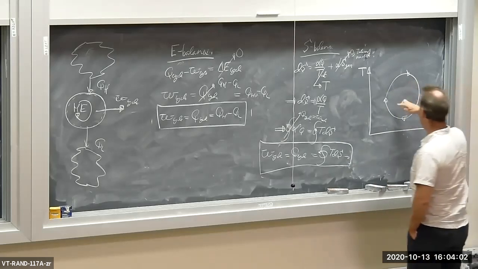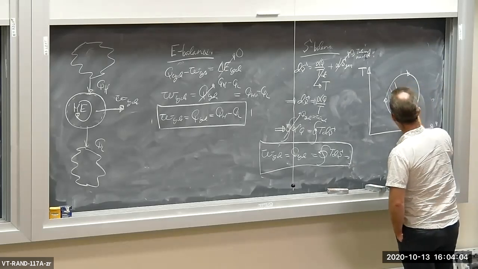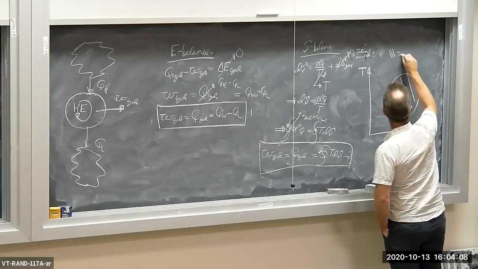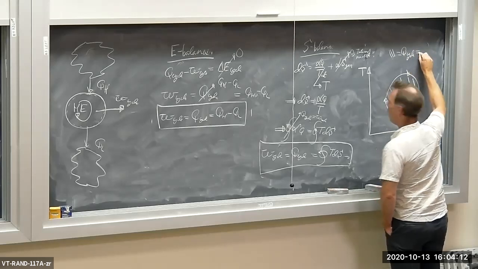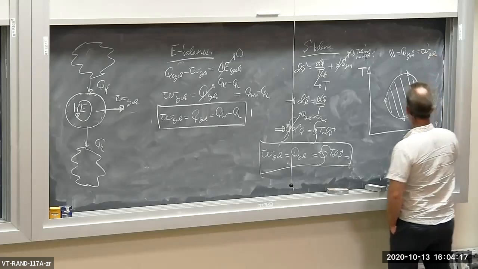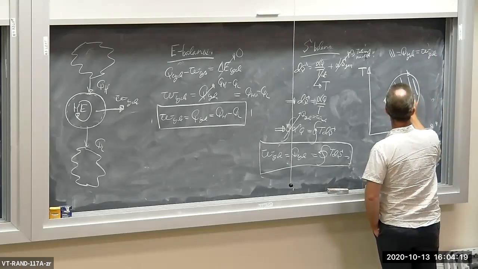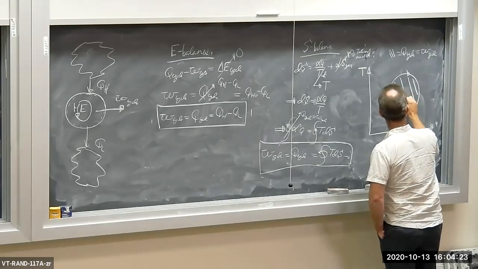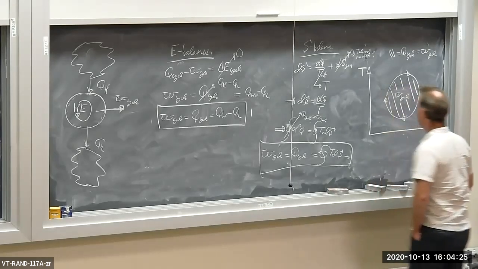The area bound by the TS curve is the heat added over the cycle, which is the work produced over the cycle. So this area in here represents my cycle work, W cycle.